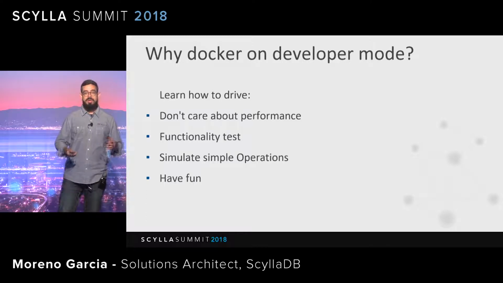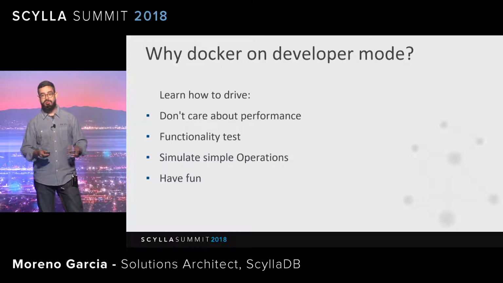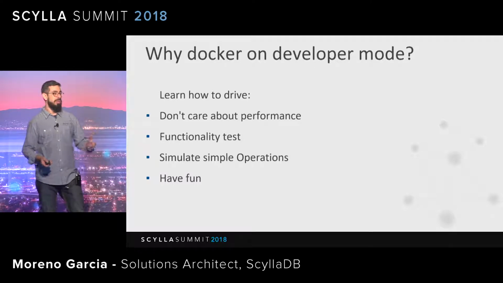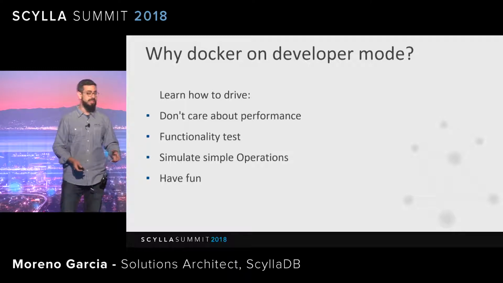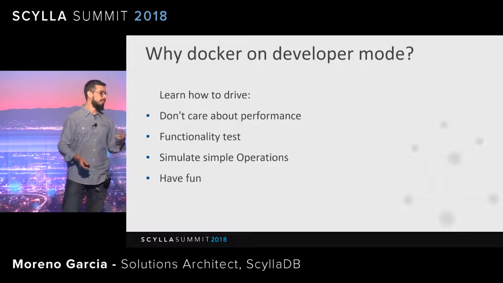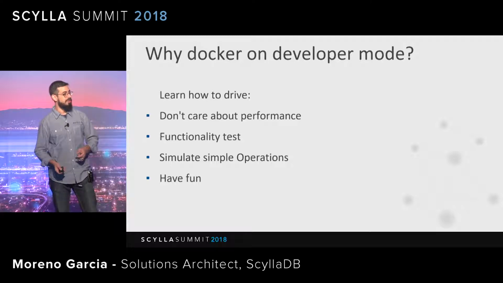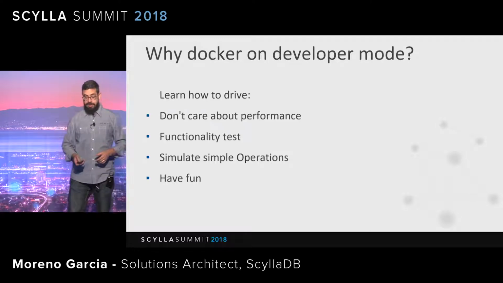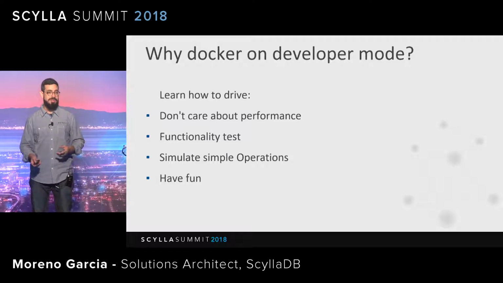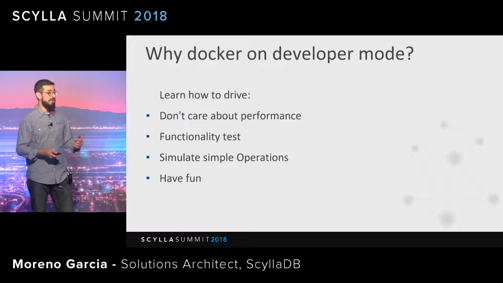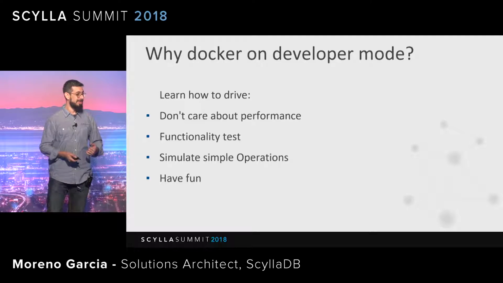Right now you want to see how that works. How do you configure it? How well is it playing? You're simulating small operations, creating tables, creating keyspaces, playing with replication factor, consistency level, and so on and so forth.